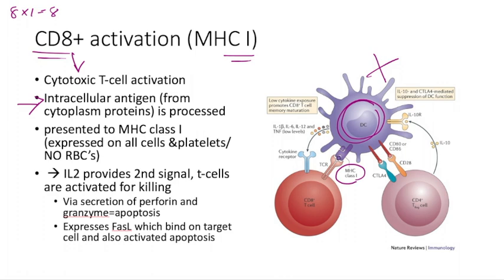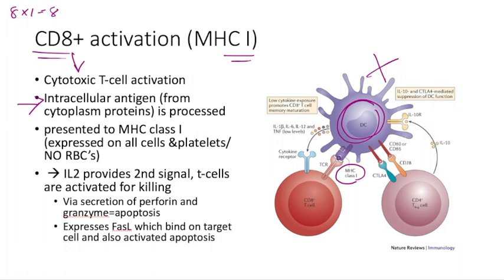What happens is that all cells except red blood cells express this major histocompatibility class 1 receptor. What happens is something happens within the cell that will then have the cell say, we got a problem going on here. Maybe there's a virus in there, or maybe there is cancer.